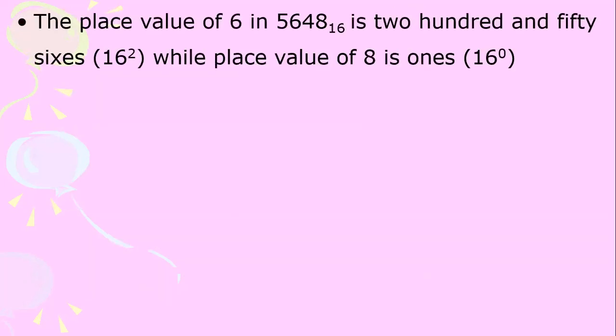The place values of 6, for example, in the same example I've been giving, but now in base 16, that is 5648. My dear students and the rest of the learners, kindly listen to the way I am reading my numbers. Except for the decimal, where I read it as 5,648, for the octal, binary, and hexadecimal, I'm reading them in a different way.